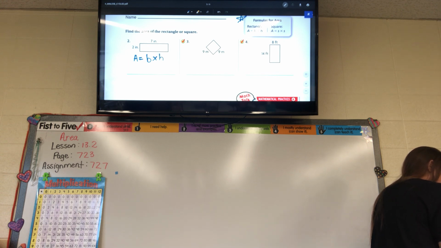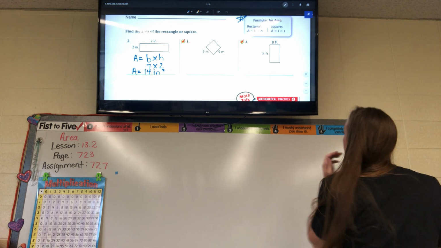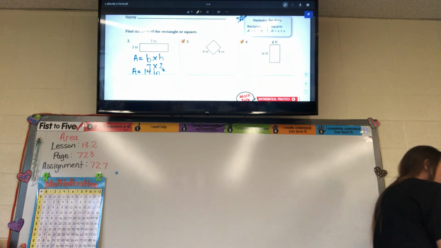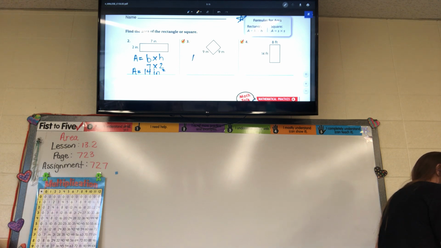The base, let's use 7 times the height is 2. So the area equals 14 inches squared. Okay? On the next one, it's a square. So the area of a square equals side times side. So 9 times 9 equals 81, and we're dealing with meters squared.